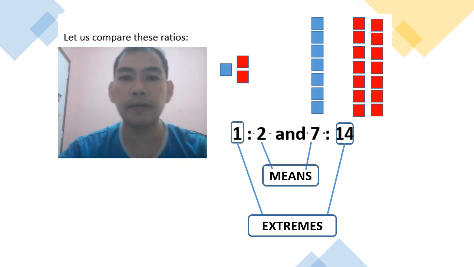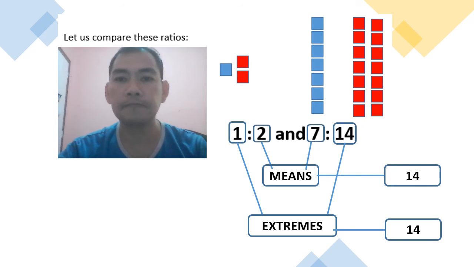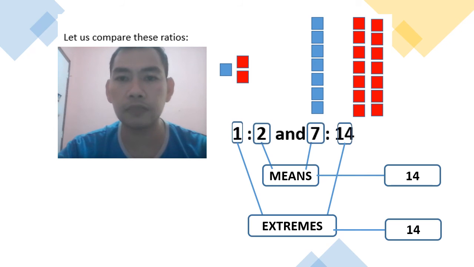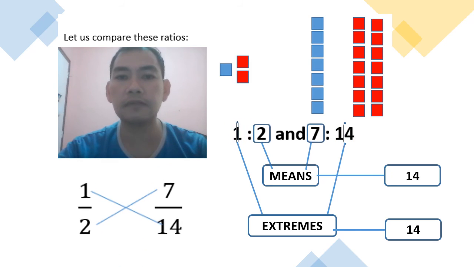Let us multiply the extremes, then the means. As what you are seeing, they have the same product. So it means they are equal or proportional to one another. If the ratio is written in fraction form, you just get the cross product.